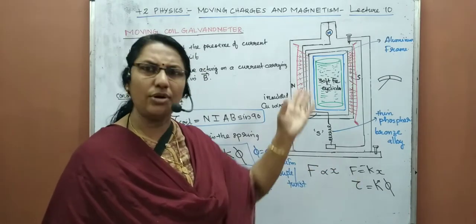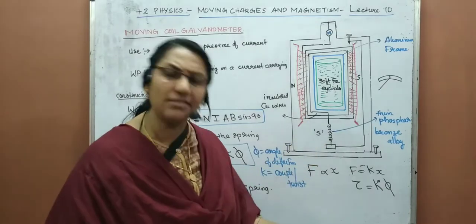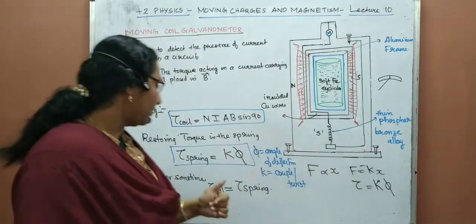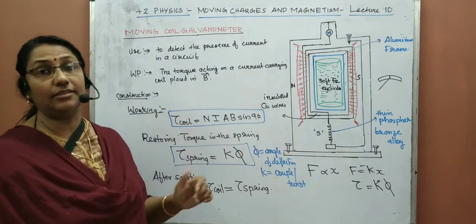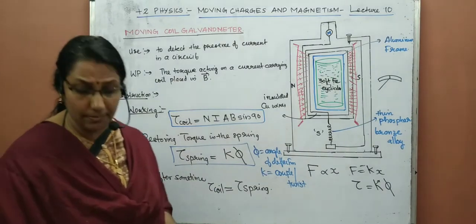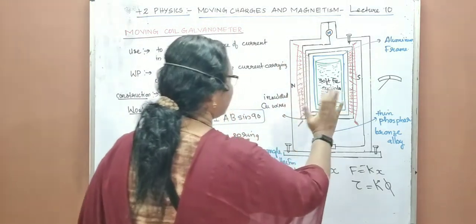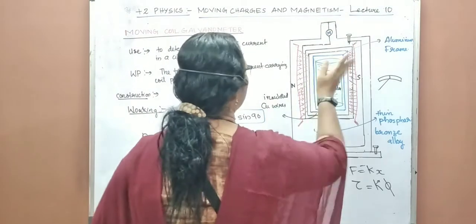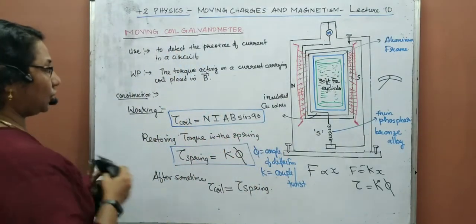But as the rotation of the coil increases, the restoring torque in the spring also increases. Finally, the restoring torque in the spring balances the torque in the coil. Then the deflection stops. That is, the coil stops at a particular angle.